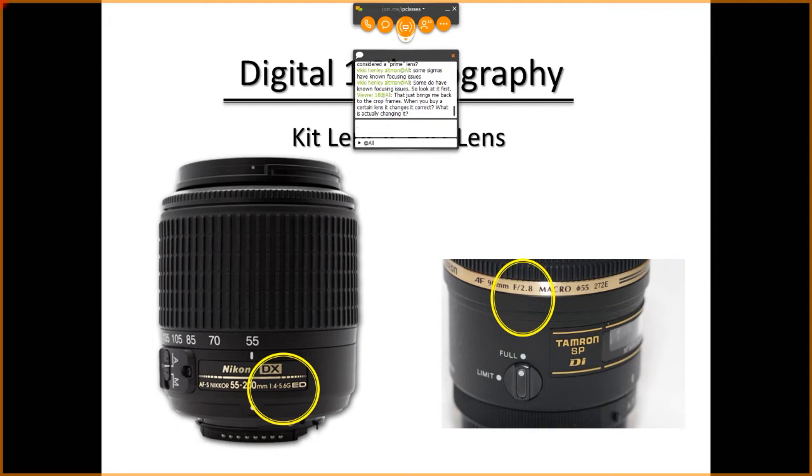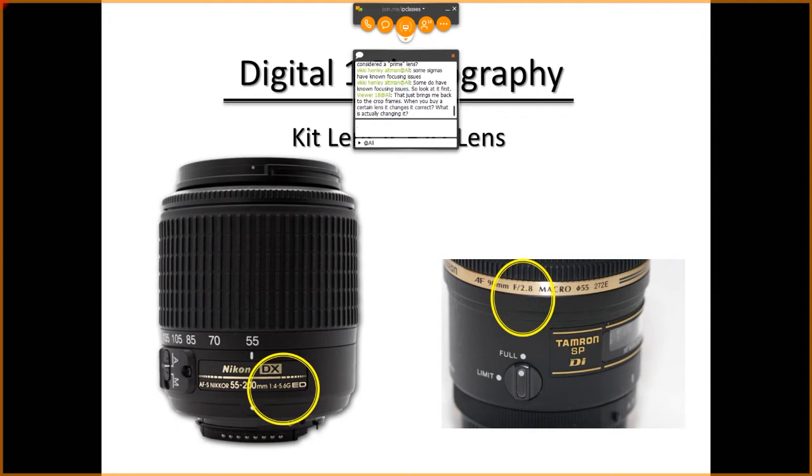So if you don't hear a zoom reference, like a 55 to 200, which is a zoom lens and is not a prime lens. A single numbered lens, again, 50 millimeter is probably the most popular, is going to be considered a prime lens.